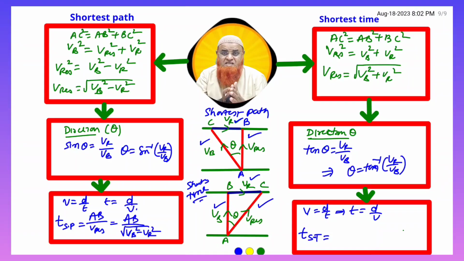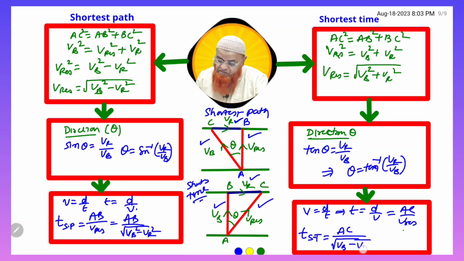It may take a little longer distance, but as the river is supporting the boat to reach the opposite end, it will reach in the shortest possible time. Maybe the path is the hypotenuse, but time will be less. So time is distance by velocity, where distance is AC and velocity is the resultant velocity, square root of VB square plus VR square.